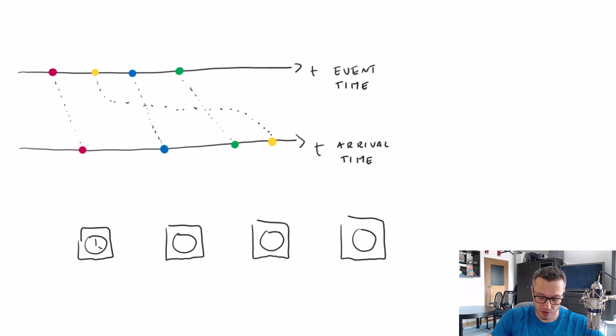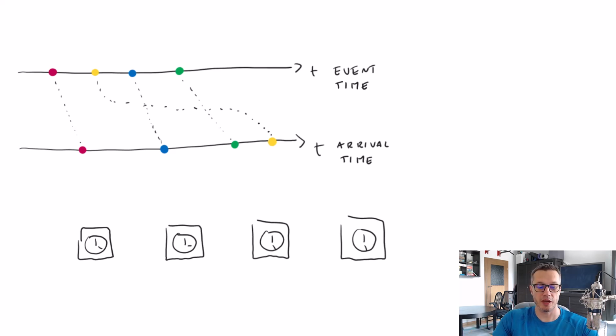But maybe those clocks are not in perfect sync. And even though each of those IoT devices tries to send as accurate a time as possible, they will be different because the time is not synchronized between all of them. And then what? How do you handle this? That's yet another thing that you should take into consideration.